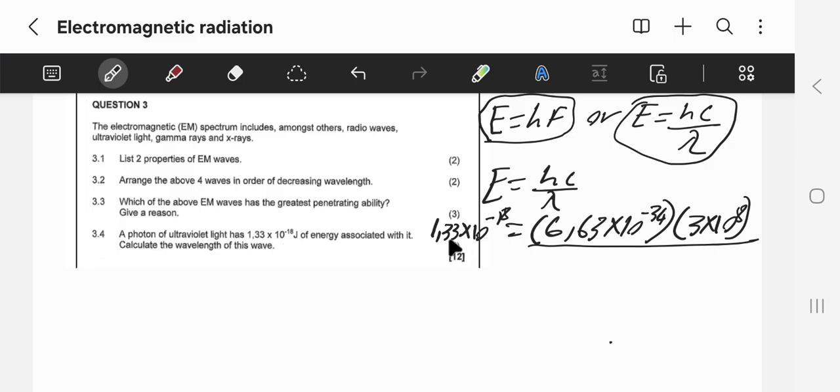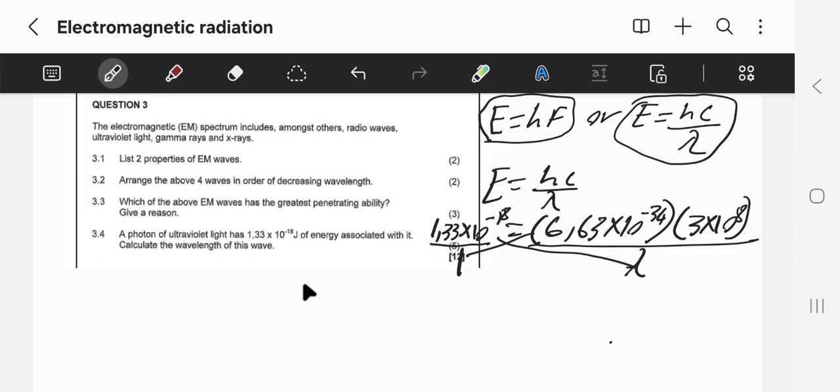So we will have 1,33 times 10 to the power of negative 18 is equal to our Planck's constant times the speed of light. And at the bottom we'll have our wavelength, and then from there we do the math. So I'm gonna say this energy is over 1, and then I'm gonna cross multiply.